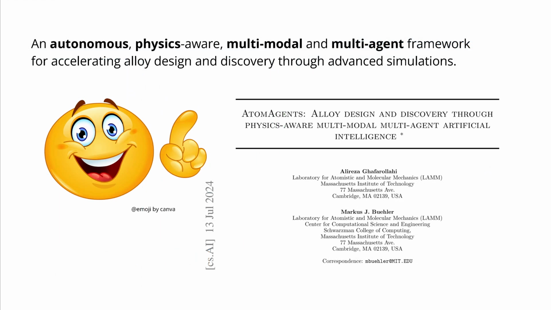So what we have now is an autonomous, physics-aware, multimodal, multi-agent framework for accelerating here, in our particular case here, the alloy design and discovery through advanced computer simulation. This looks nice.